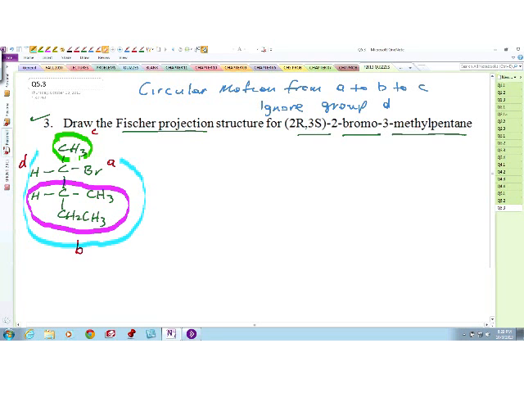We ignore group D and come to C. If you do that, what is that motion? Clockwise motion.